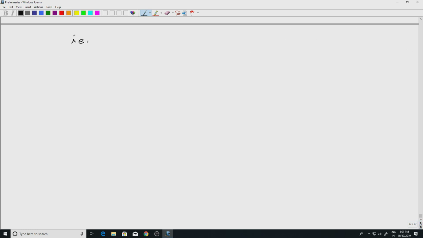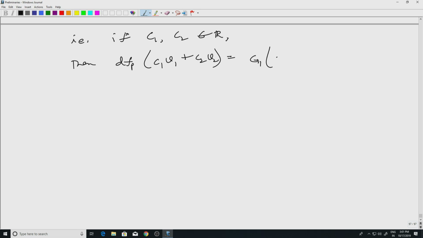I.e., if c1, c2 belong to R, then dfp of c1 v1 plus c2 v2 is c1 dfp v1 plus c2 dfp v2.